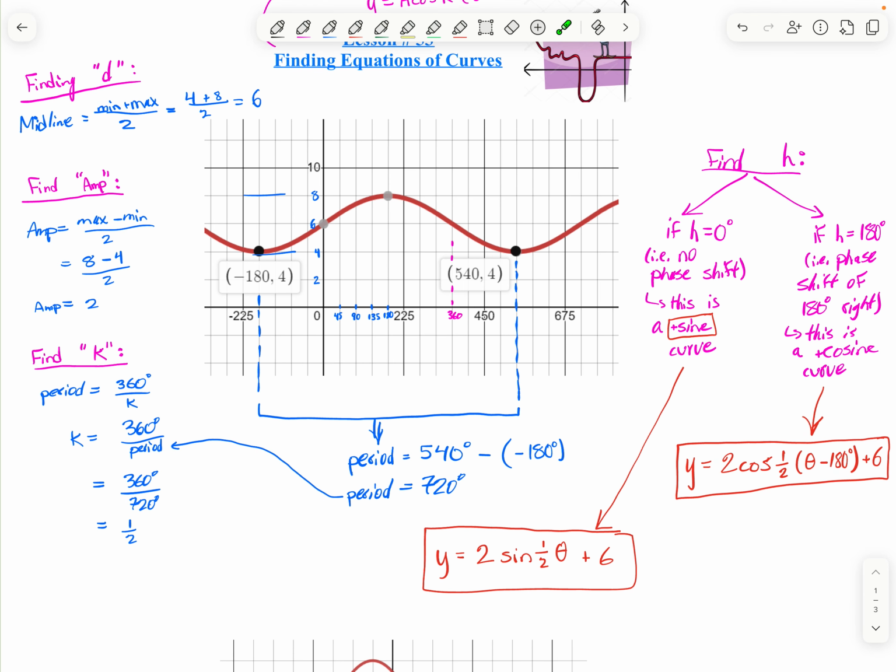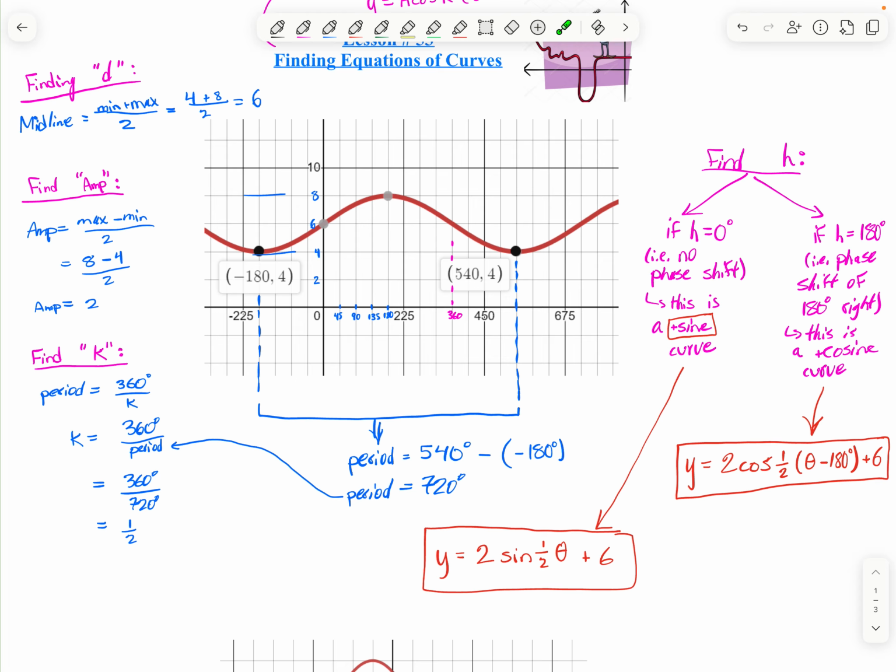Here's a helpful way to decide whether to use a sine or a cosine. If you want to use sine, look for a point where the graph crosses the midline. In this case, the midline is here and the graph goes up, because that's what the shape of a sine curve is like.